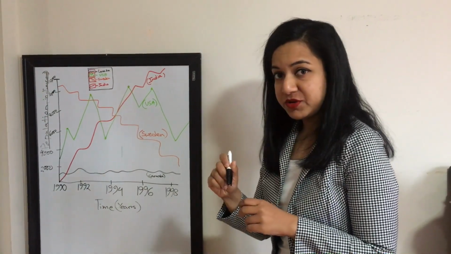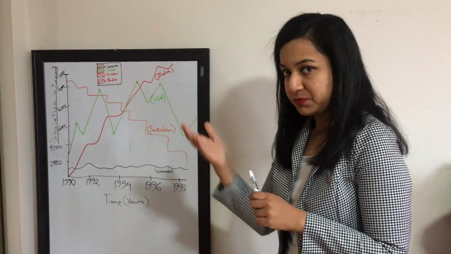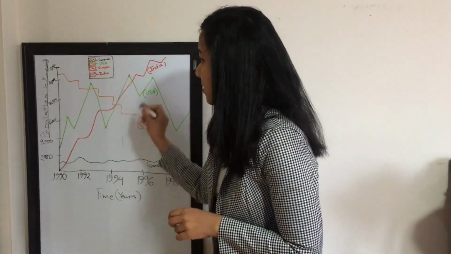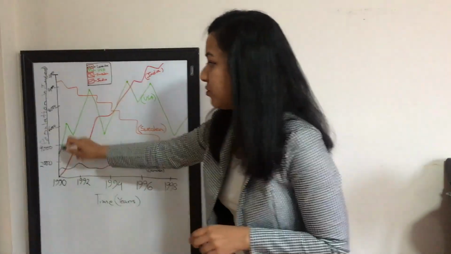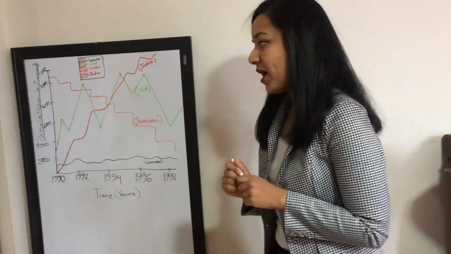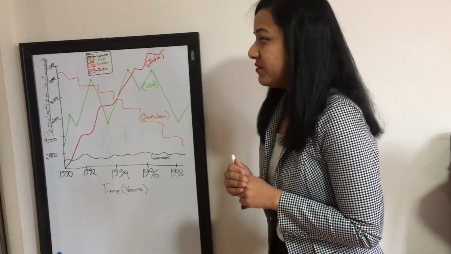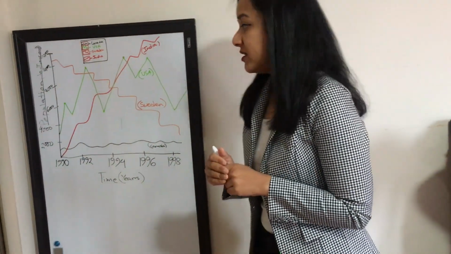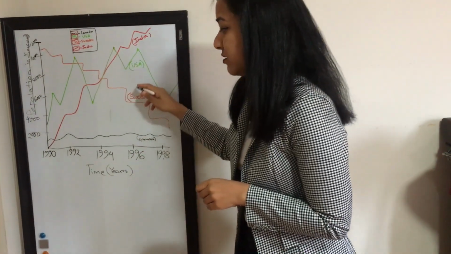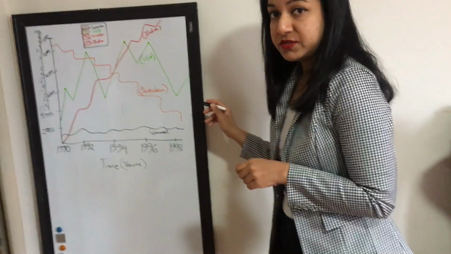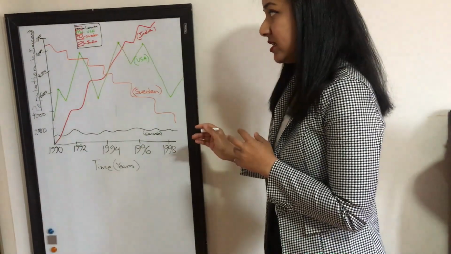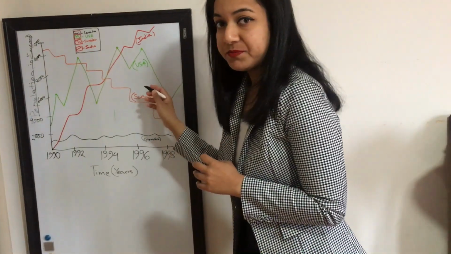And then you can come into your second detail 1 or second para. So for your second one, you can choose the United States one, which shows quite a bit of fluctuation. So here you can write, as we can see from the line diagram given, there is a fluctuating change in the population over this 8-year time period, or from 1990 to 1998 in USA.